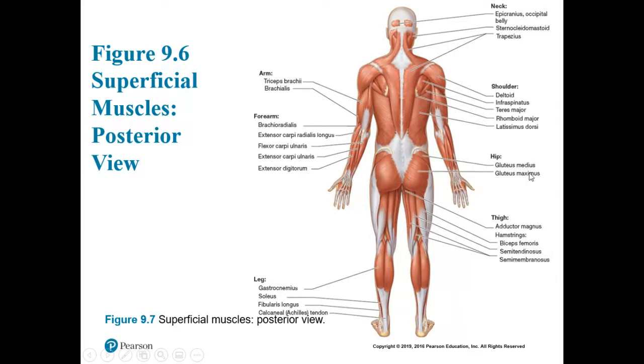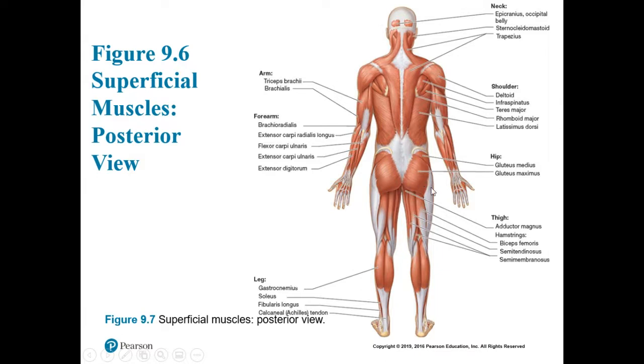So moving down to the hip, and I'm almost done here. We have gluteus medius, gluteus maximus, right? So these play a role in bringing the leg, the upper aspect of the leg, back to anatomical position. They originate onto the sacral region and coccygeal region of the vertebrae.